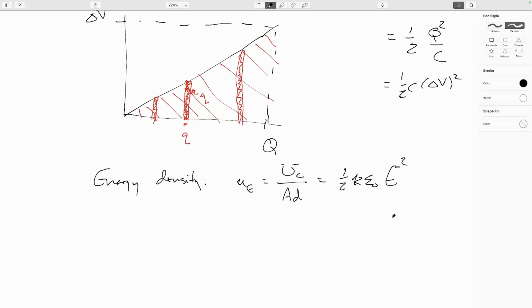Now this result I just did is the energy stored in the capacitor, how much work we had to do to move the charges, divided by the volume of the capacitor. And then I wind up arguing that it's proportional to the square of the electric field. Now it turns out in a much more sophisticated analysis that this is just true in general, even in the middle of space.